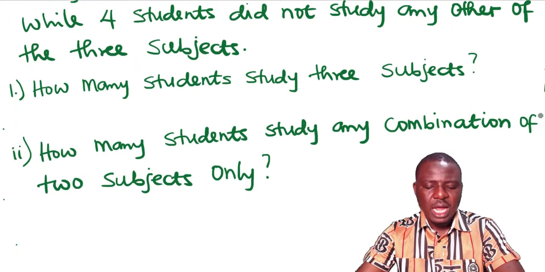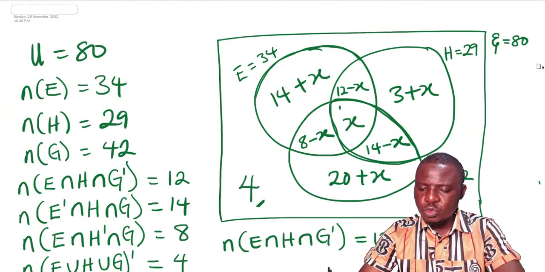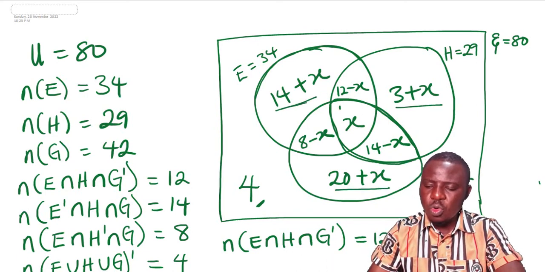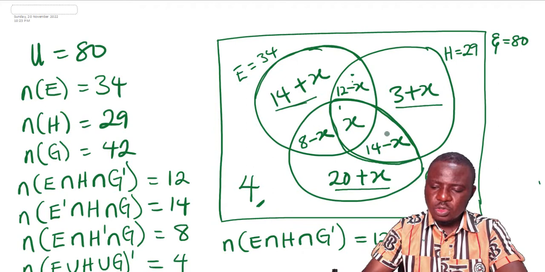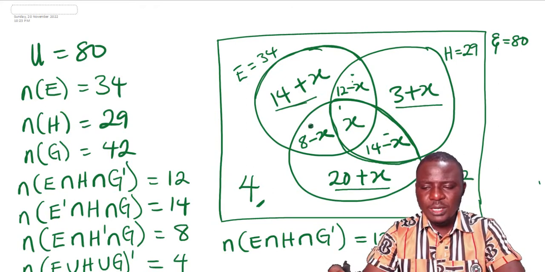Question 2 says, how many students study any combination of 2 subjects? Now let's go back to the question. Any combination of 2 subjects. Remember I told you that this region is made up of those who study one subject, which is only English or history or government, while this region is said to be those who studied 2 subjects only.